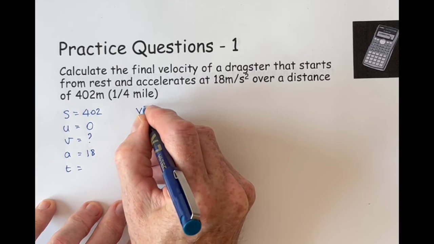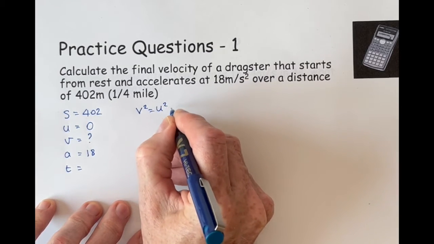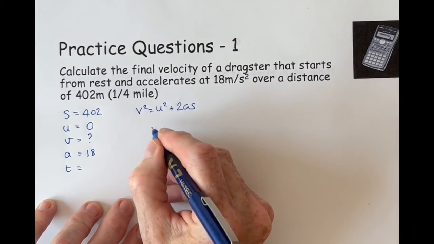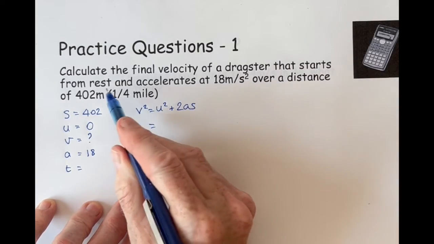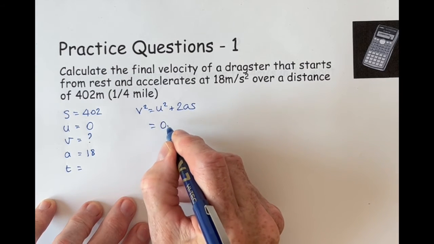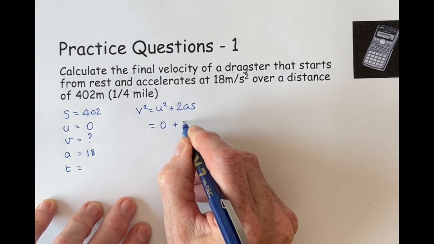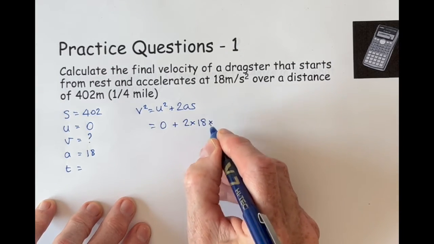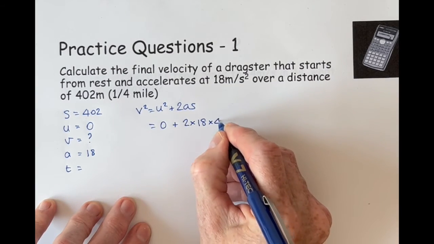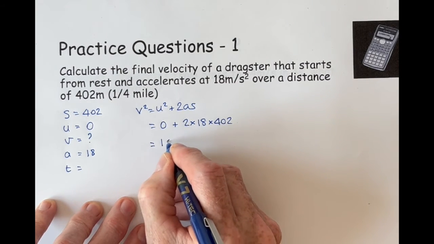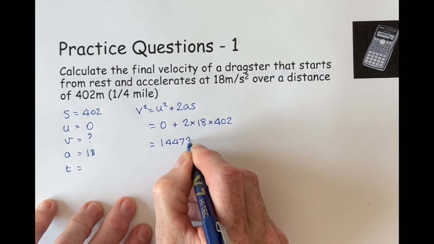So let's write it out. V squared equals U squared plus 2AS. So put the numbers in. Now u we know is 0 because it starts from rest. So 0 plus 2 times the acceleration, which is 18, times the distance, which is 402, which gives us 14472.